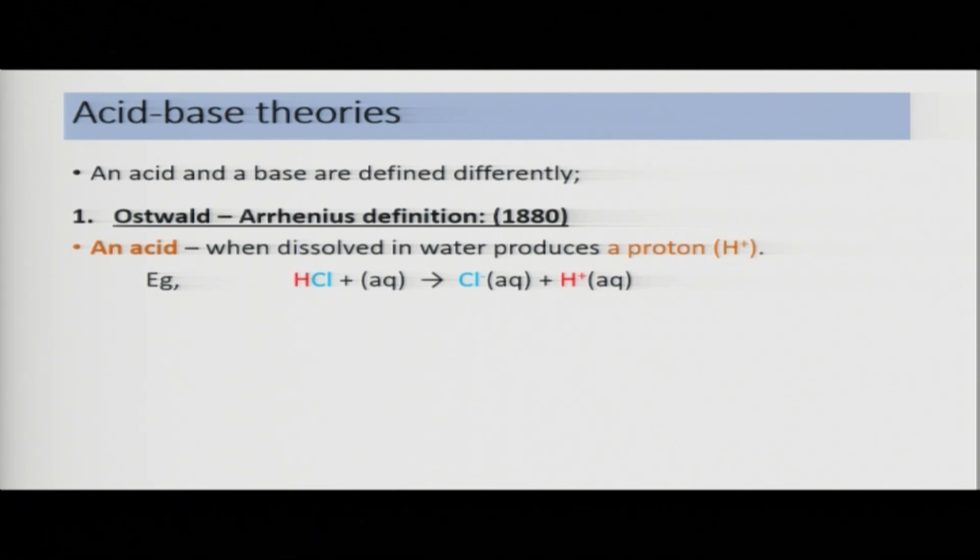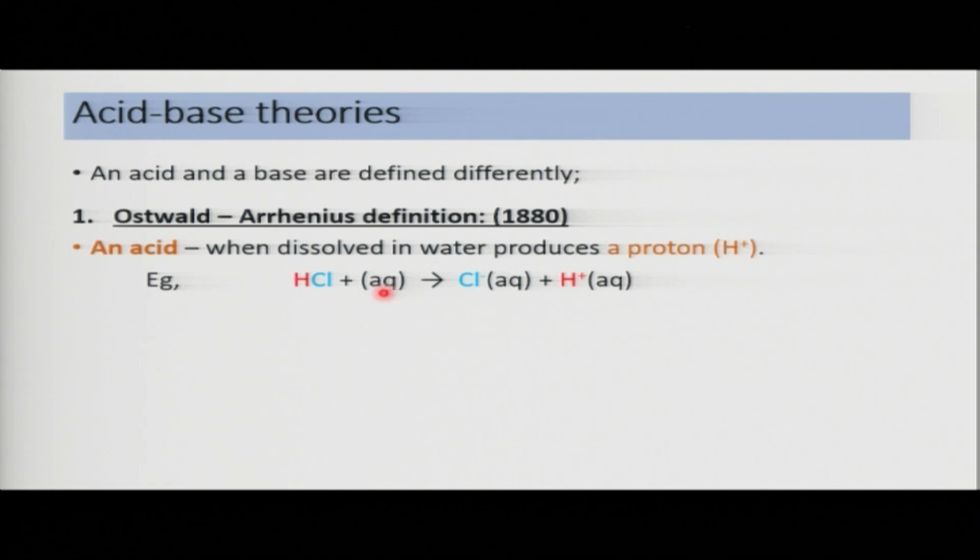In 1880, about a century ago, these two scientists, Ostwald and Arrhenius, came up with a definition. For them, any substance which, when dissolved in water, can produce a proton, a hydrogen ion, is an acid. HCl, for instance, is an acid because it has hydrogen which can be released in water.